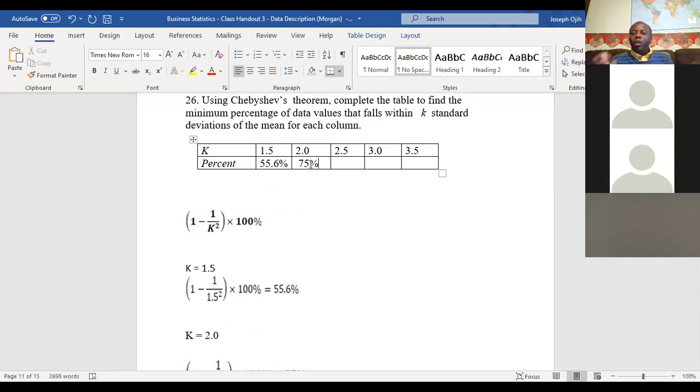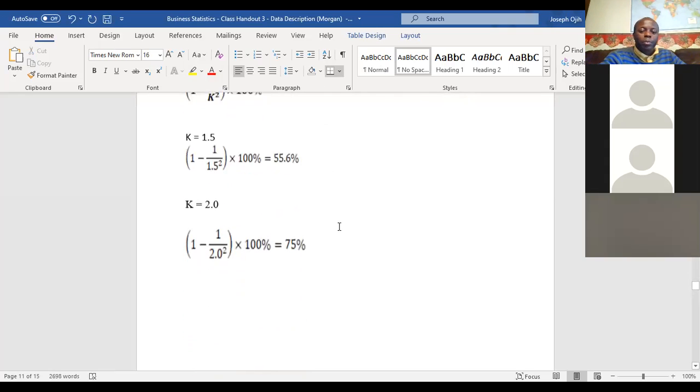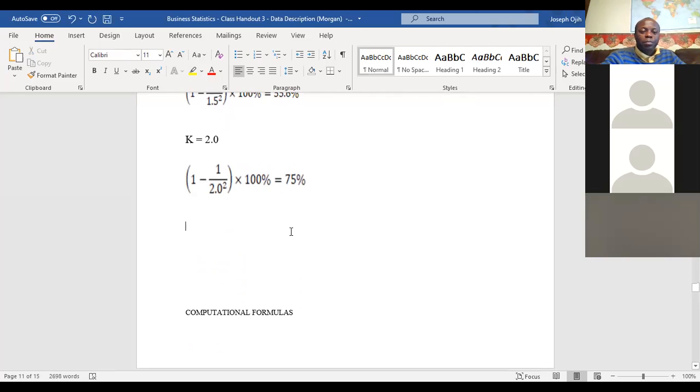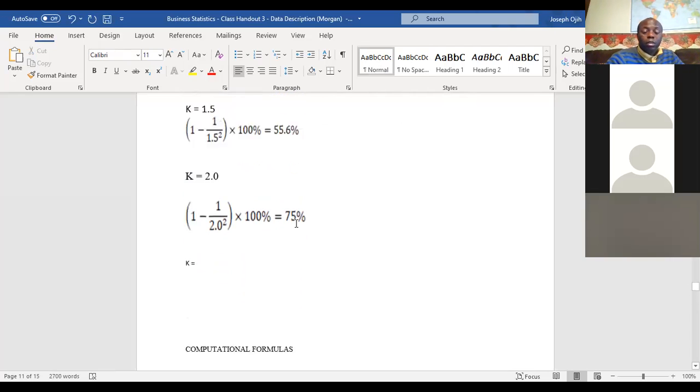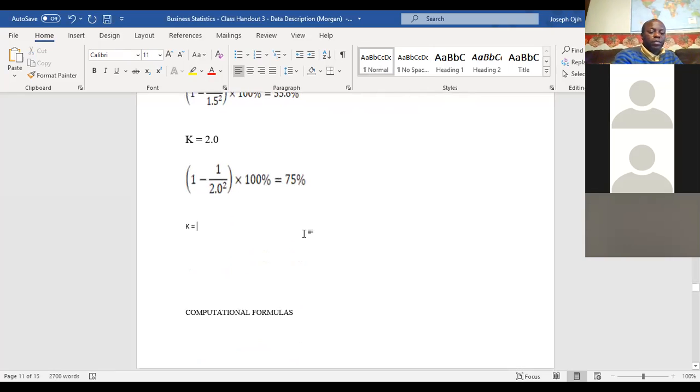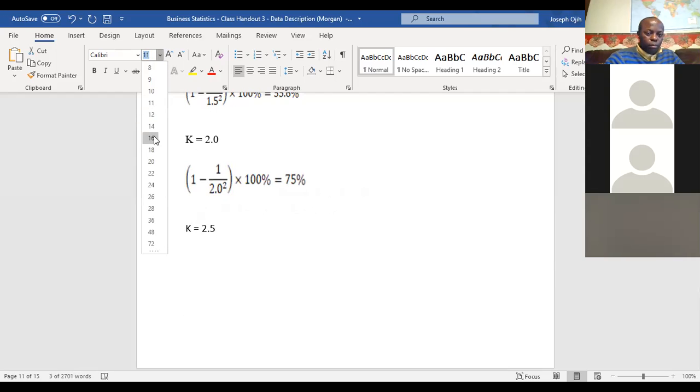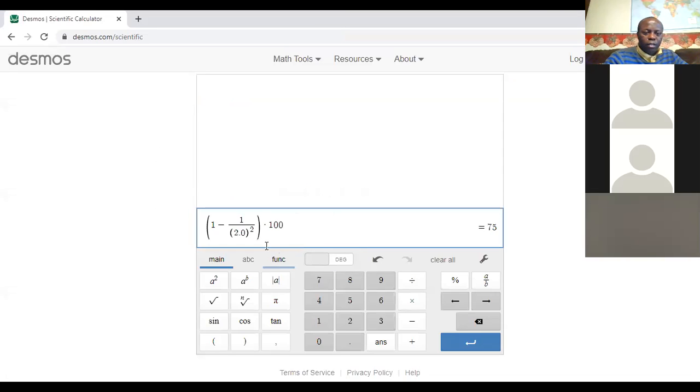So it keeps going on and on. Let's do one more example, and then I'll complete the rest. For K equals, the next one is 2.5. I go to Desmos and make it 2.5. That's 84%. Let me check.